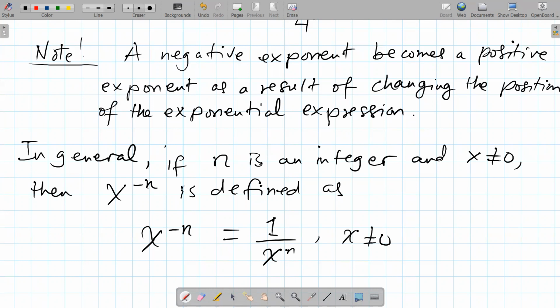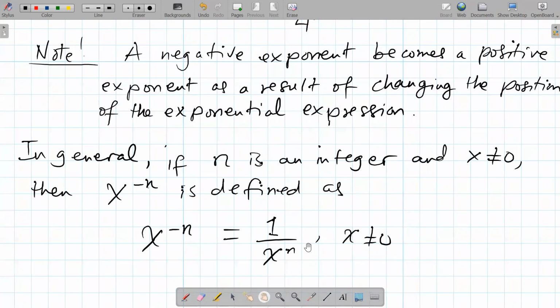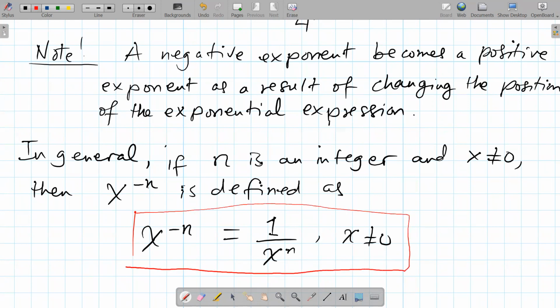So that is key. Anytime you're dealing with a negative exponent, that should come to mind.